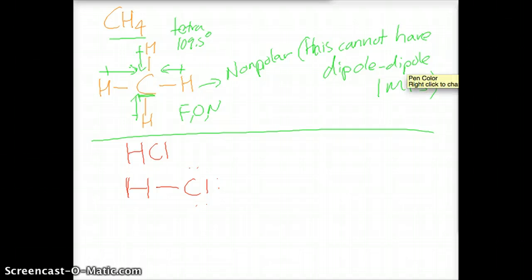If we're trying to determine if it has dipole-dipole forces, the first question you have to ask yourself is, is it polar? Well, chlorine we know is more electronegative than hydrogen, so it's going to have a slight negative charge. So yes, this is a polar molecule with a slightly negative charge towards chlorine. Therefore, by definition, if it is polar, it has dipole-dipole forces.